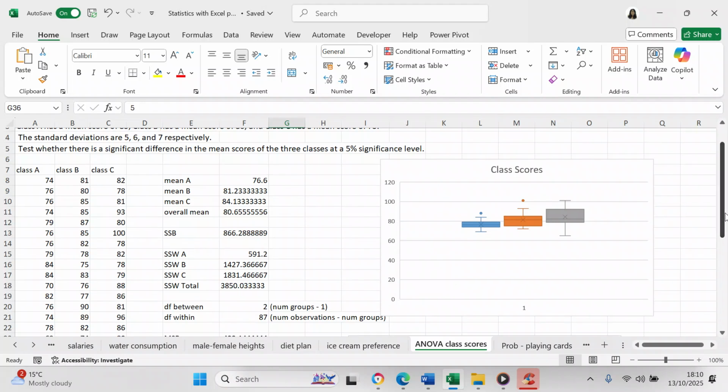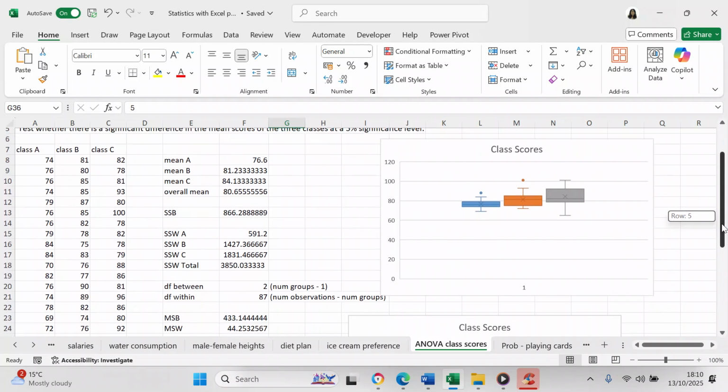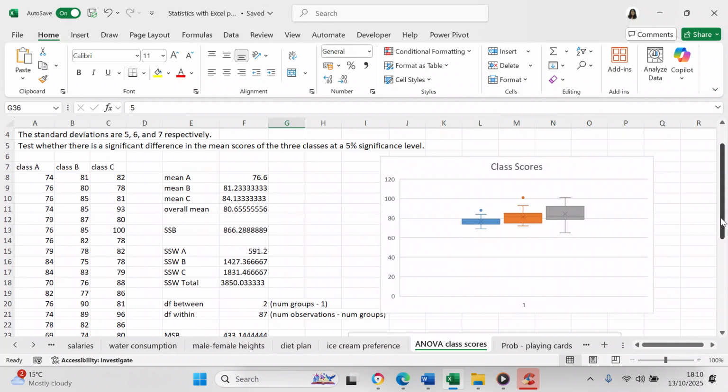And then I've also done a box and whisker chart. So you can see all the values in A, B, and C. A is blue, B is orange, and C is gray. You can see that there's less variation in A, a little bit more variation in B, and a lot more variation in C. And the reason for that is the standard deviation, because the standard deviation of the three groups is 5, 6, and 7 respectively.